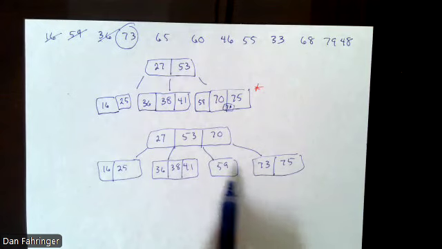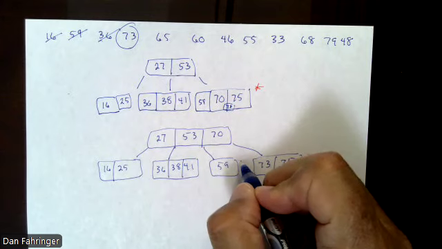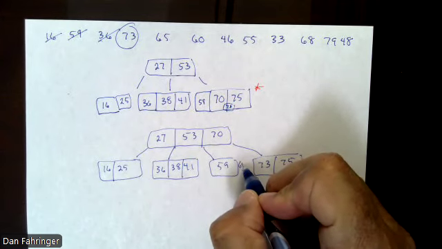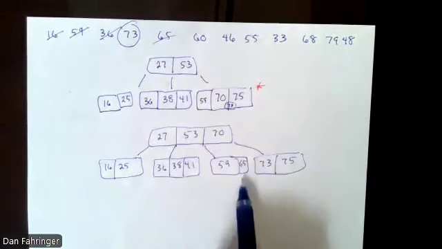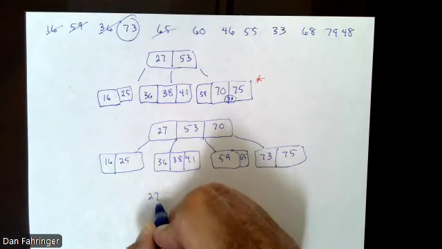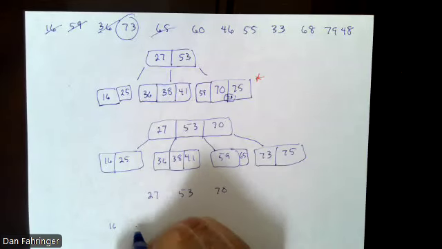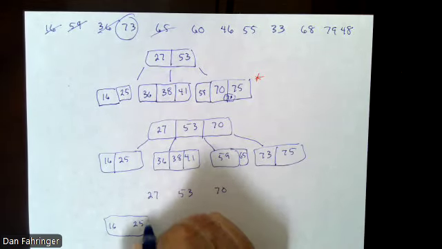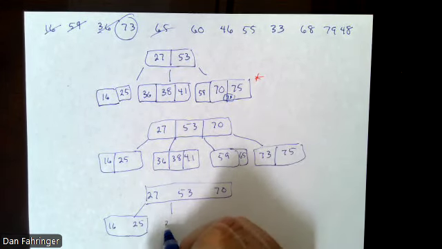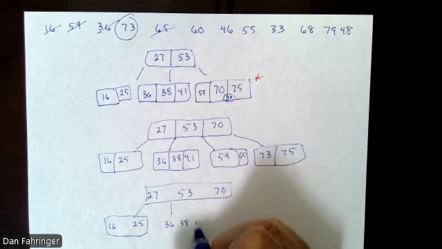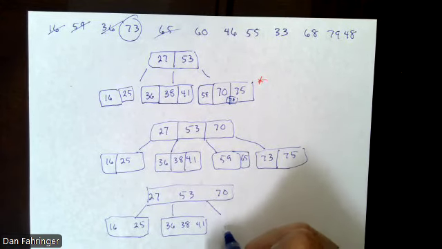65. 65 is going to be greater than 53, less than 70. So I can still get 65 in here. 60. 60 is going to fit in there, so I might as well write this one out. 27, 53, 70, 16, and 25. 36, 38, 41. 59.